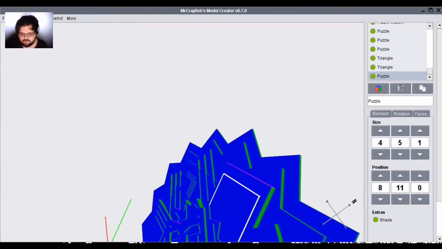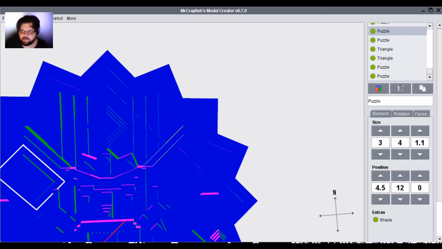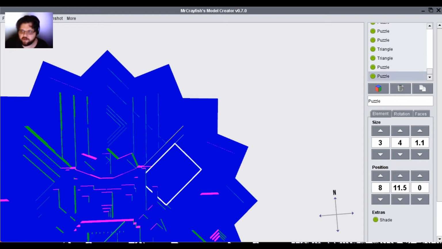So let's duplicate you. Let's pop you up to 1.1. And what is that? 3? 4? That seems right. 3 and 4. And then 2 and 3. Good, good.